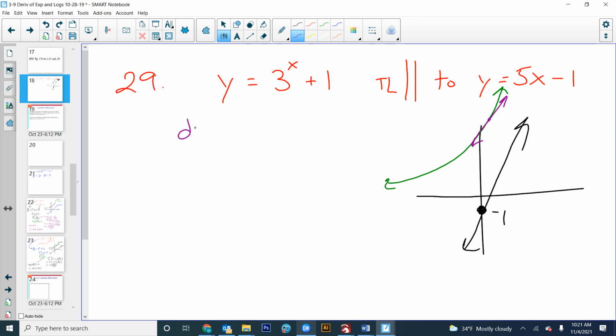Well, let's find the derivative of this thing. dy/dx is a to the u times ln a times 1. Plus, what's the derivative of 1? 0. So we want the derivative, the instantaneous slope, to be 5.